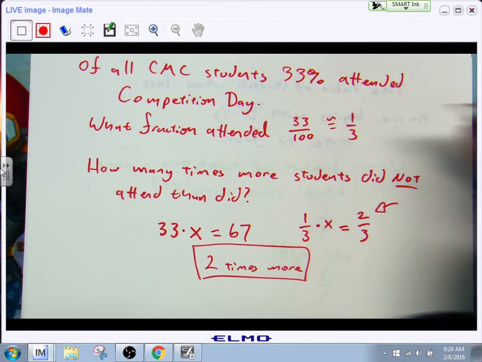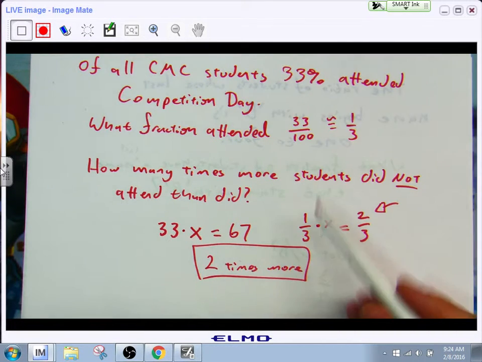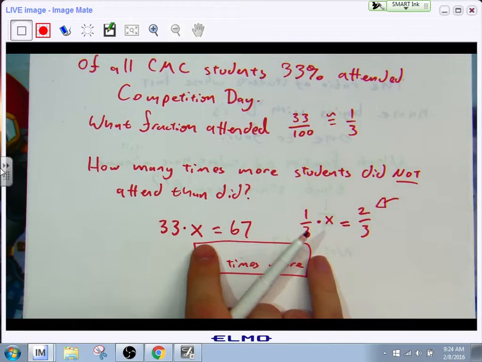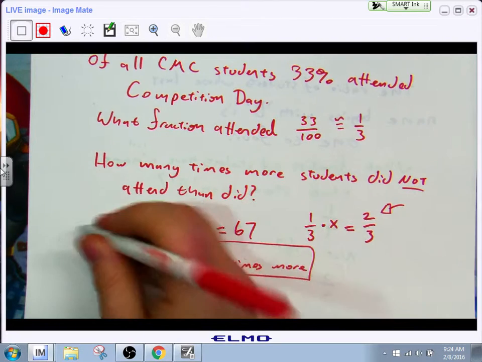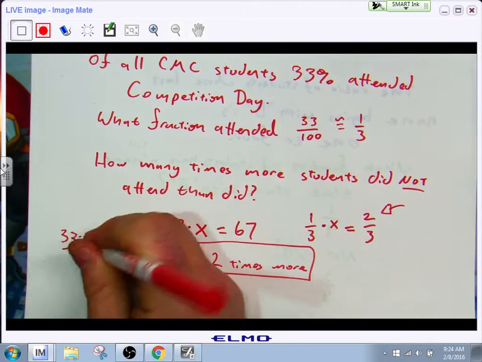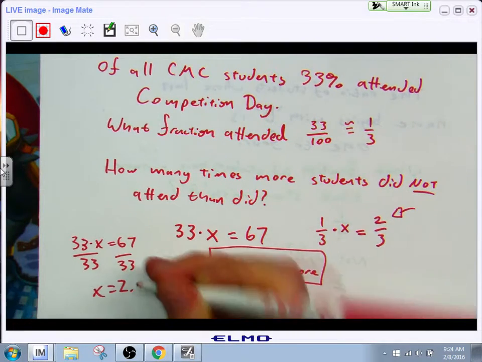2/3. Wouldn't it be, if you were to multiply 33 times 2, would it be 66? Yeah, and this is the case where our rounding really matters, right? In this case, it would be like 2 point a little bit. Because if I do 33 times x equals 67 and I divide by 33, I'm going to end up with 2 point something tiny.